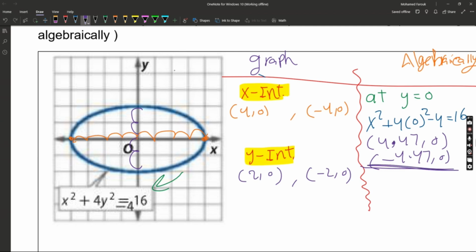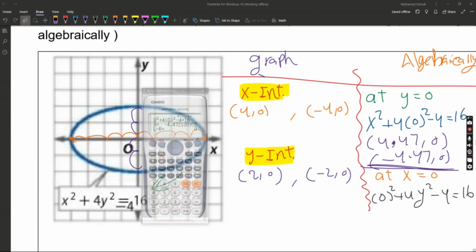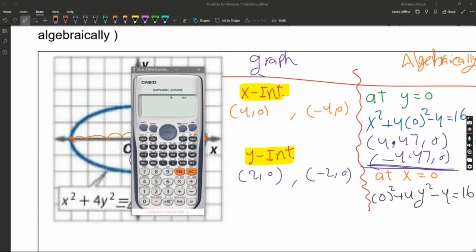Let's do the same for the y-intercept. If you want the y-intercept, you will set x to 0. You will start with your equation: 0 squared plus 4y squared minus 4 is equal to 16. And when you write it in your calculator, you will replace y with x, okay?